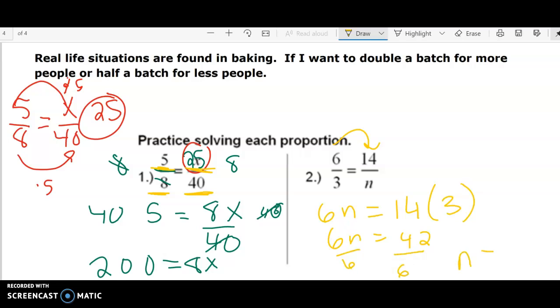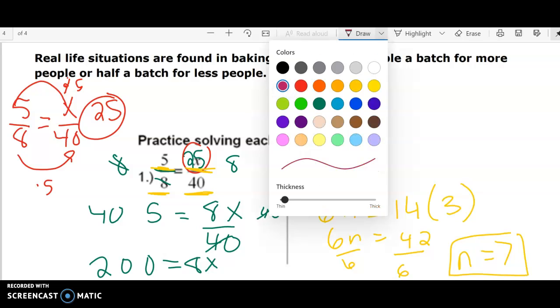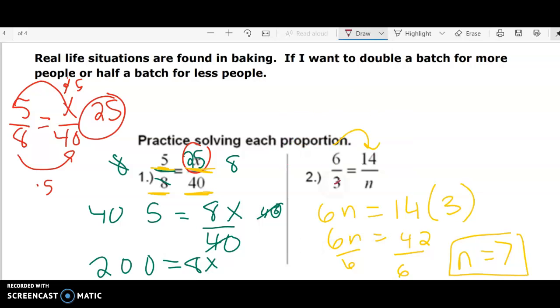So n equals 7. Okay, that's how I did it mathematically. Then I can actually go back up and look at it and notice that 3 is half of 6, so what is half of 14? 7. That also works.